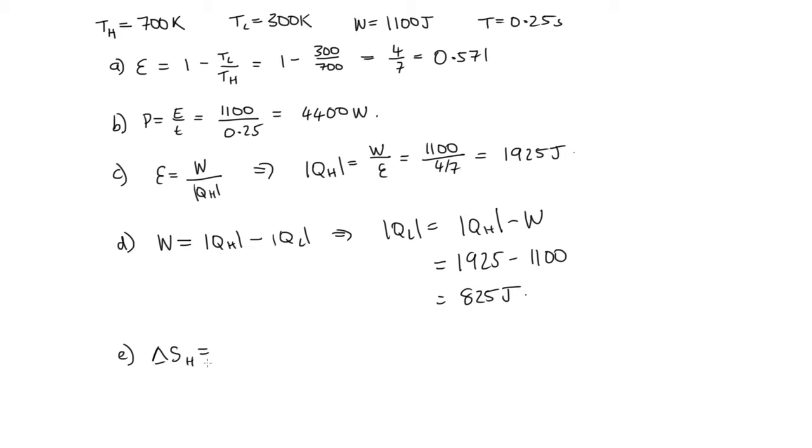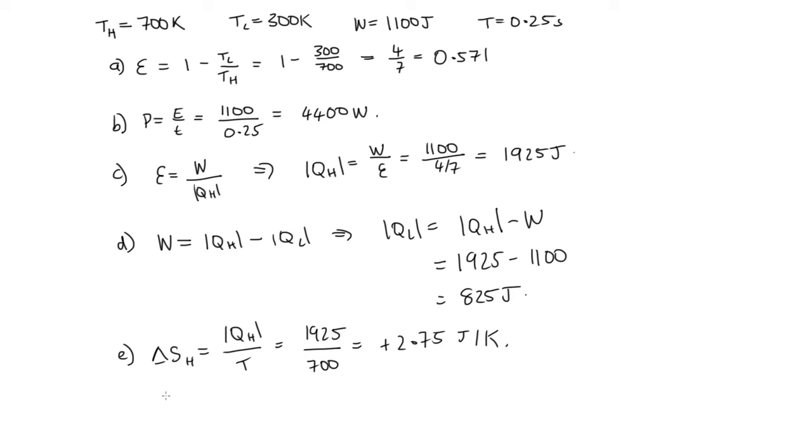So we know that for isothermal processes, which is what this is, the change in entropy is equal to Q over T. So this will be QH, which is positive, over T. So QH was 1,925. The temperature of the hot reservoir is 700. So solving that, we get plus 2.75 joules per Kelvin.